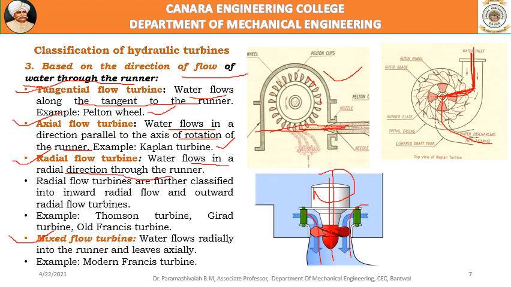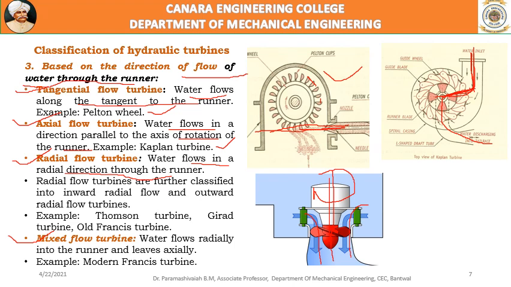And again in this, depending on the direction of the flow, it may be inward flow turbines or outward flow turbines. As I told you here, it is flowing in a direction towards the center of the rotor of the turbine. So they are called inward flow turbines. Then the second case is outward flow.